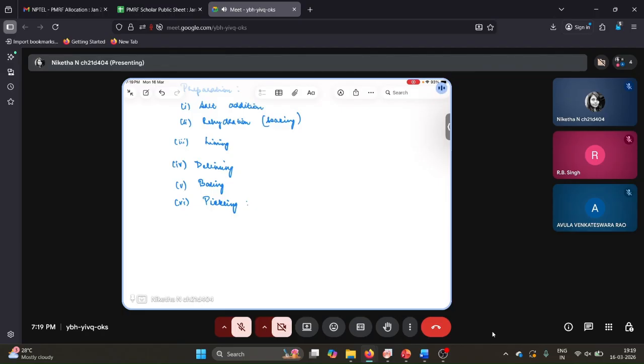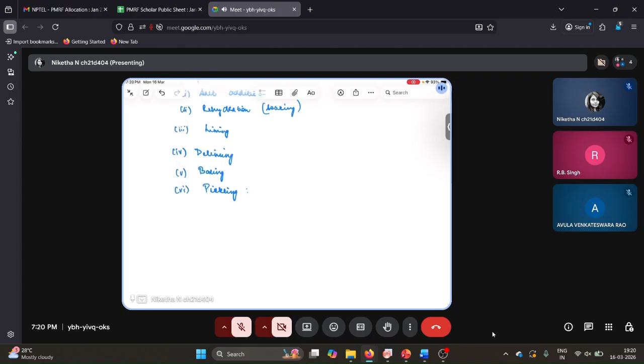That's what happens in the pickling process. Salt will be added, and the skin will be allowed to stay in the salt water for some time, so that the tanning process becomes efficient. Then coming to the tanning process.